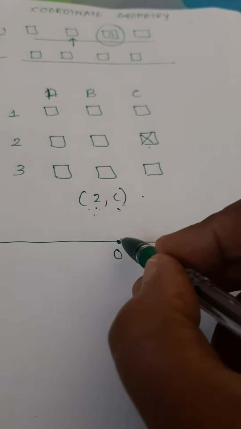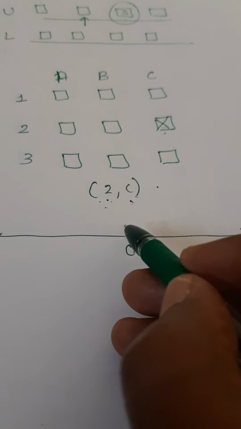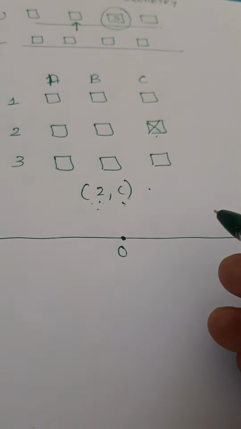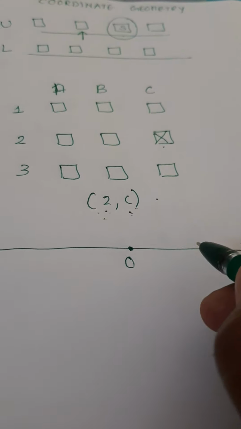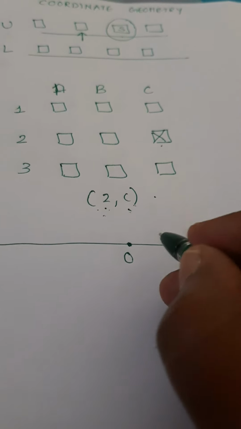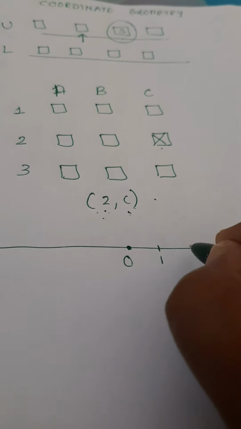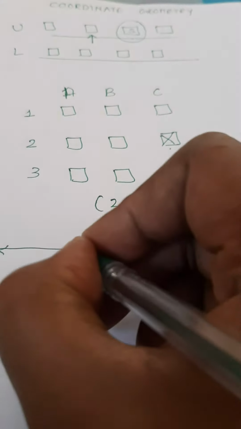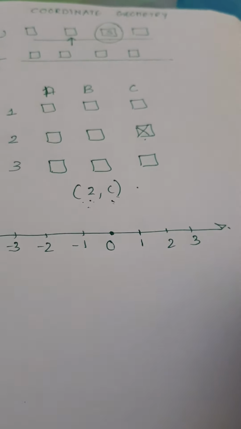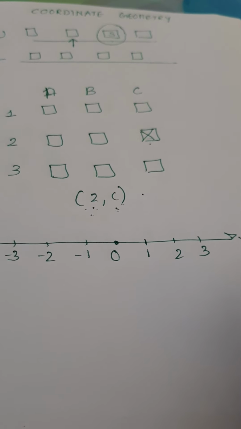The numbers marked to the right of the 0 are positive, the numbers marked to the left of the 0 are negative, and they are marked at equal intervals. For example, I take 1 unit as the distance between two numbers. So the numbers will be 1, 2, 3, etc. And here it will be -1, -2, -3. A number line extends in both directions infinitely, correct?